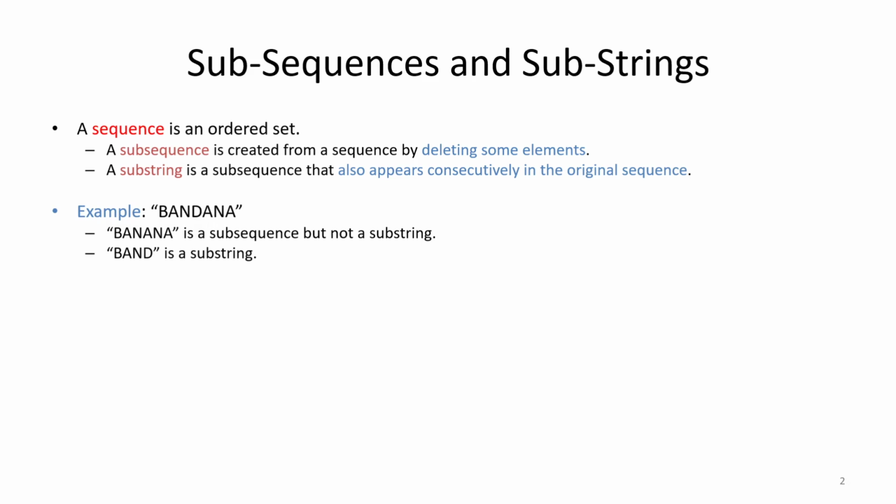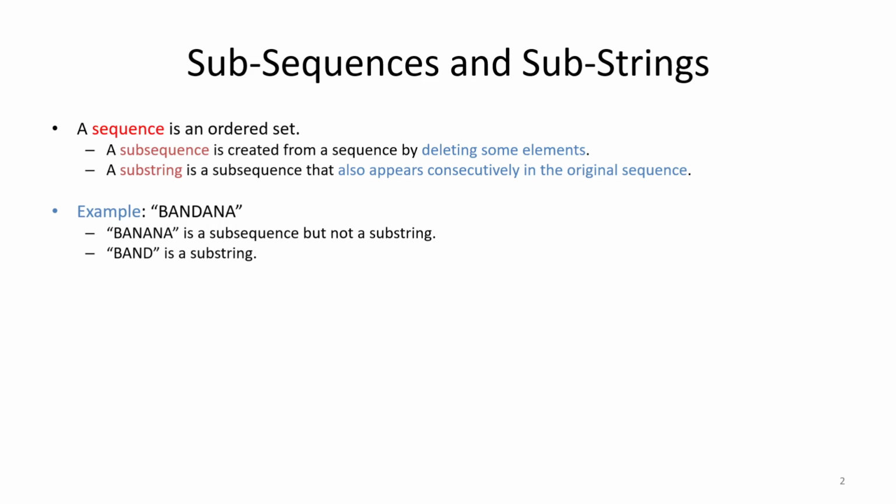We're going to take a look at a couple examples for the next couple algorithms we'll be looking at. In them, we're always going to be comparing some strings or sequences, and the strings and sequences I'm going to be considering here will be strings of characters or words. The first word I have here is just the word bandana, and we can see that the word banana is actually a subsequence of bandana, and we can get that by just deleting out the D character.